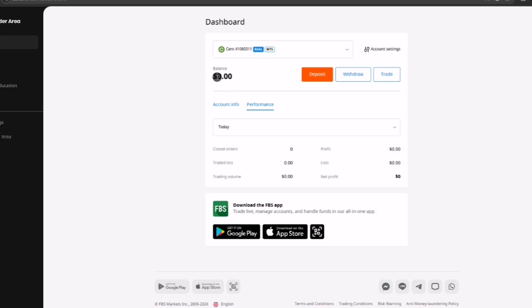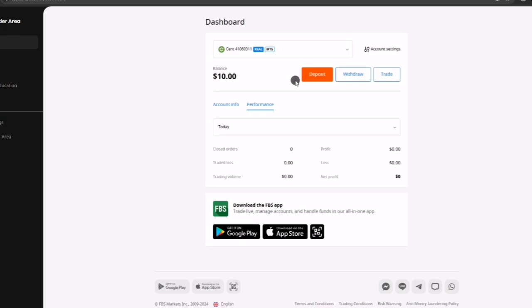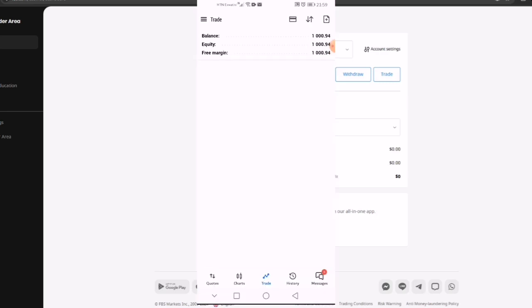For example, if you deposit $10 here, like I showed you before, let's just do that. Okay, I've already done the deposit. Let me refresh this page so that you can see. Right there, I've made a deposit of $10. You can see my account number, 410-60311. Now, I want to show you on my MT5 here.